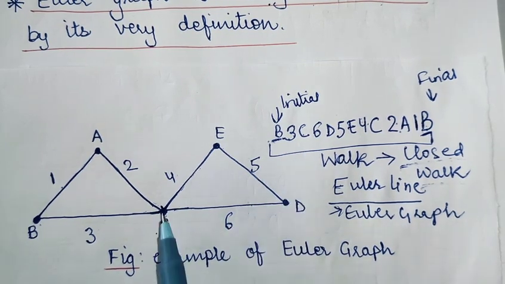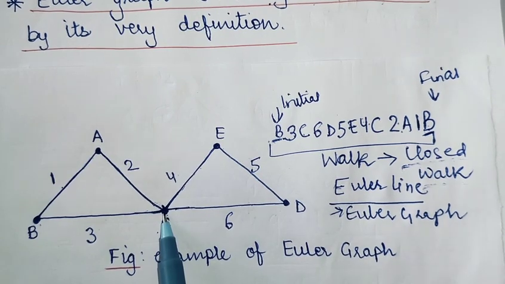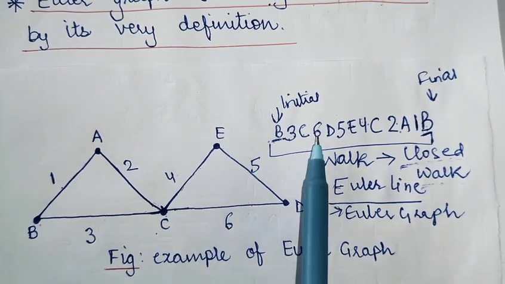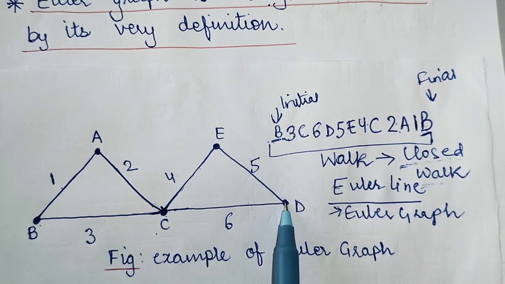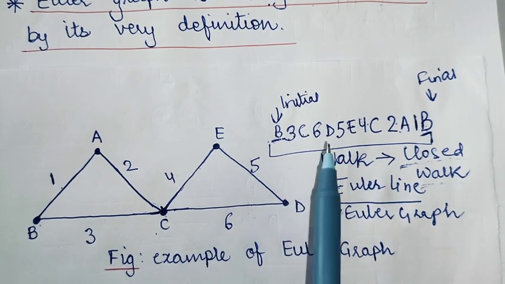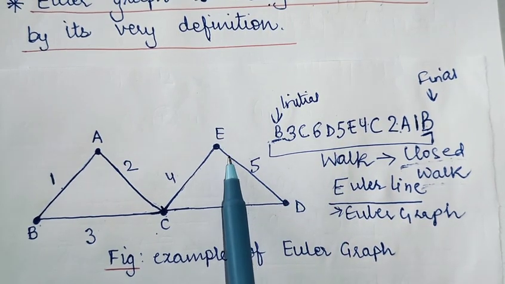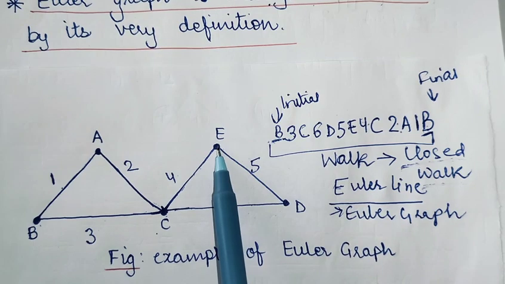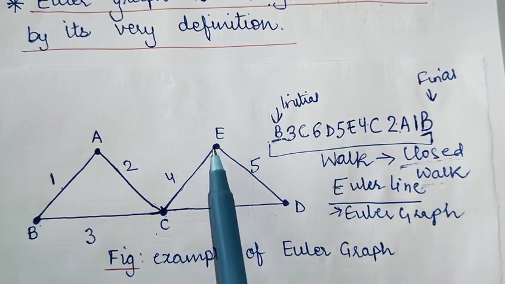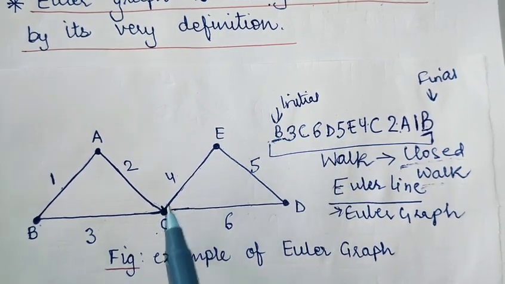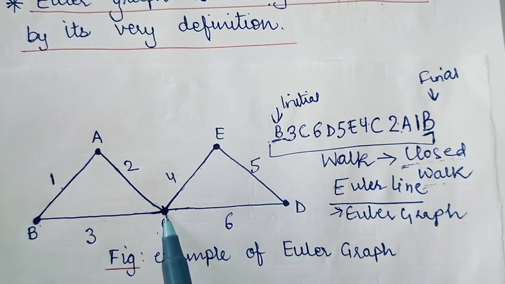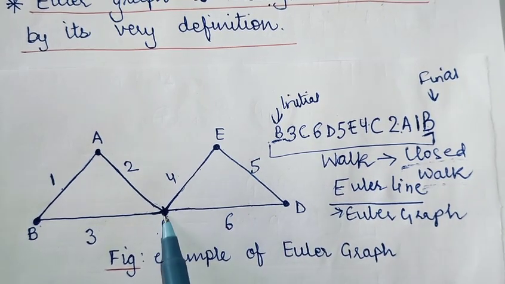From there we reach vertex C. From vertex C, we travel along edge 6 and reach vertex D. From vertex D, we travel along edge 5 and reach vertex E. From vertex E, we travel along edge 4 and reach back to vertex C.